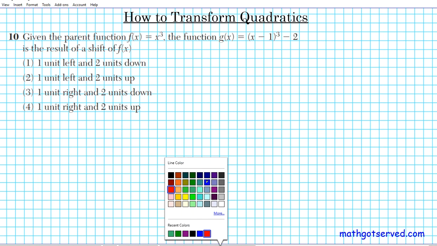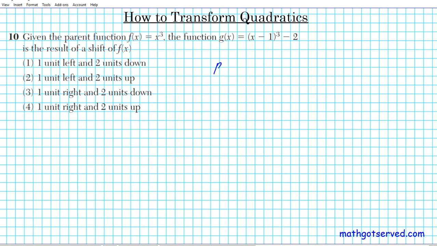Before we get started, let's do a real quick review on our shifts, our transformation of functions. So recall the following. If you have a function composed with x minus h, this represents a shift h units to the right.